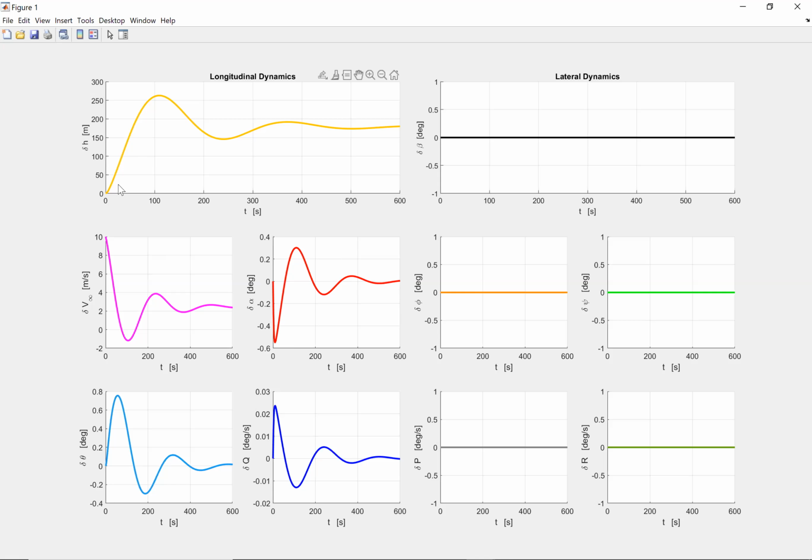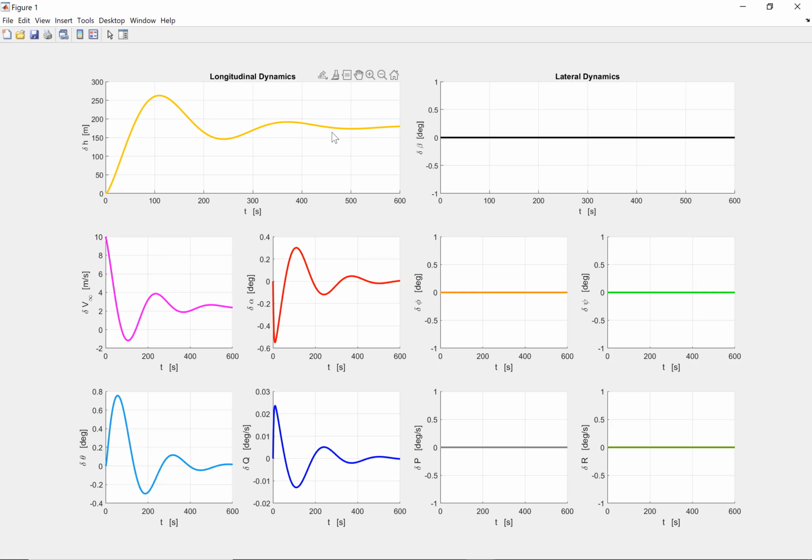Let's see what happens with the altitude. We have an increase in altitude, and then we lose a little bit of altitude, and then we're going to stabilize at about 175 meters above the altitude of reference. So this initial perturbation in terms of airspeed will cause us to gain a little bit of altitude and remain at this new altitude.